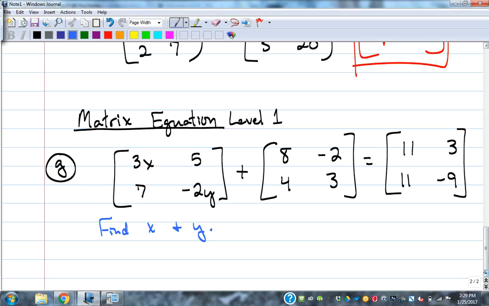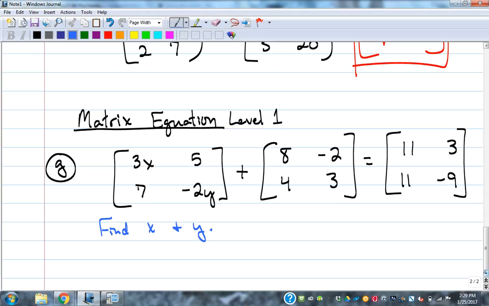This is not a system of equations, so we're not necessarily finding an ordered pair solution. We're going to do that in a little bit. But here we're just solving these two equations. So what we've got to think about is, what's the equation that has the x in it? Okay, so 3x is right here. It's in the first spot. So it should go with everybody that's in that same spot, right?